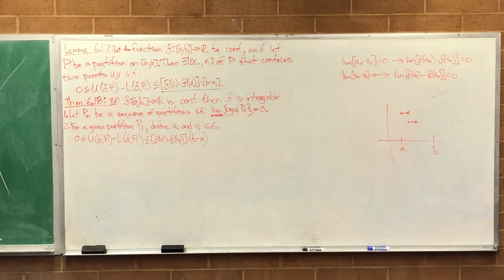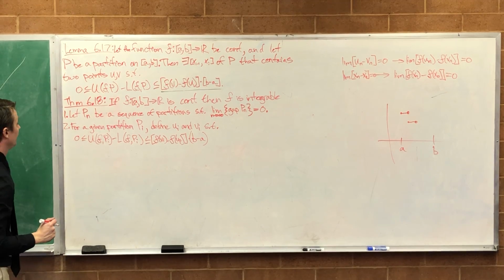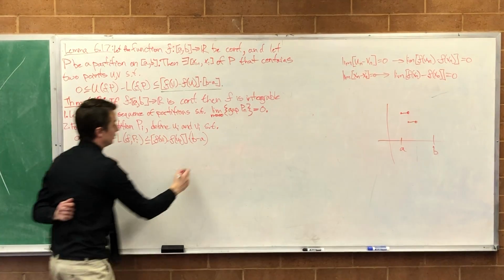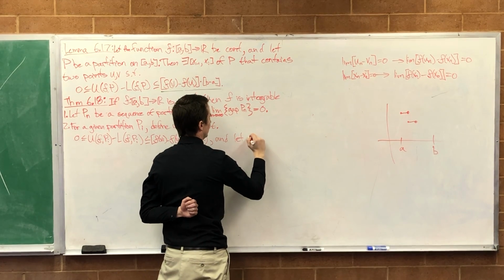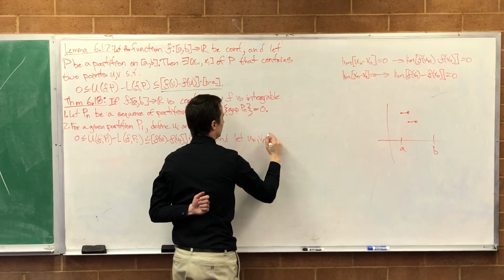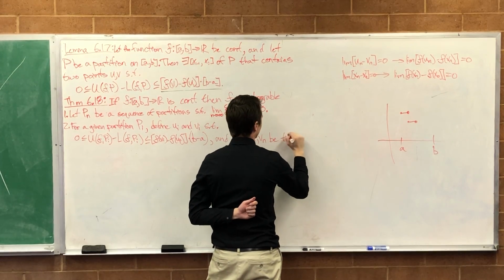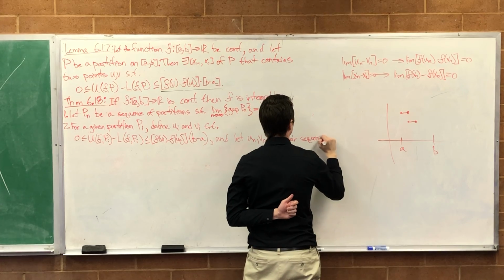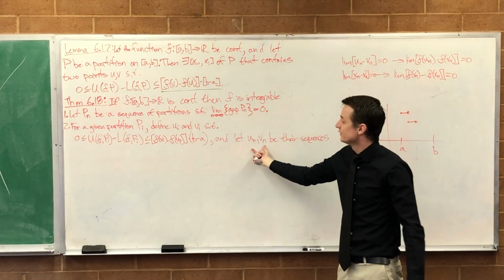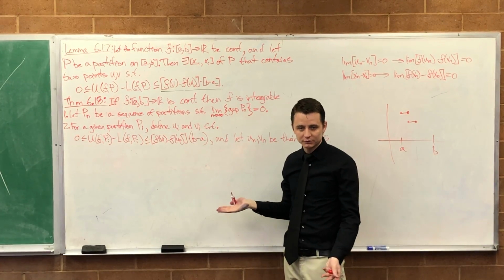For a given partition P sub I, define U sub I, V sub I such that this is true, and let U sub n, V sub n be their sequences or something like that. Kind of a bad way to say this, but I think you get what I'm saying. Let U sub n and V sub n be the sequences of those U sub I's and V sub I's.